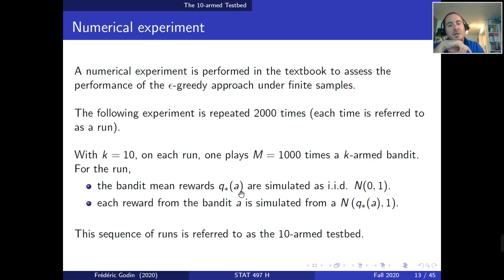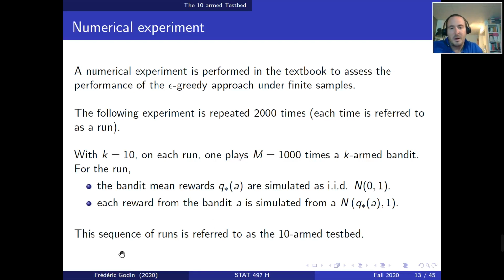For each lever A, the mean rewards are simulated as IID normal 0, 1. Then, once we've identified the mean for all levers, every time the lever is pulled, the reward is simulated from a normal with mean Q star A, which was determined in the previous step, and variance 1.